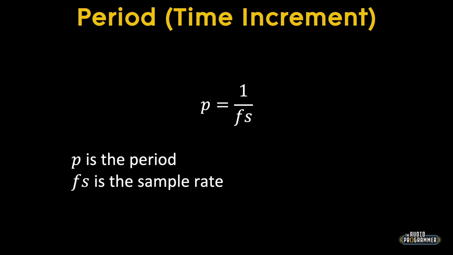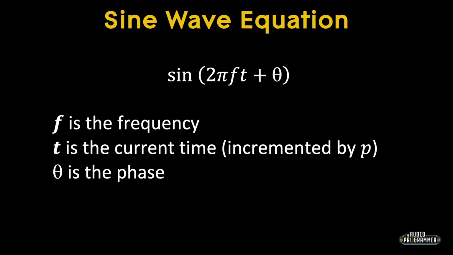Now that's going to take us to our next equation, which is the main sine wave equation, the one that you would see in just about any audio programming or physics book. And once again, don't get intimidated by the different symbols. That's something that comes over time, getting an intuition for what's happening.